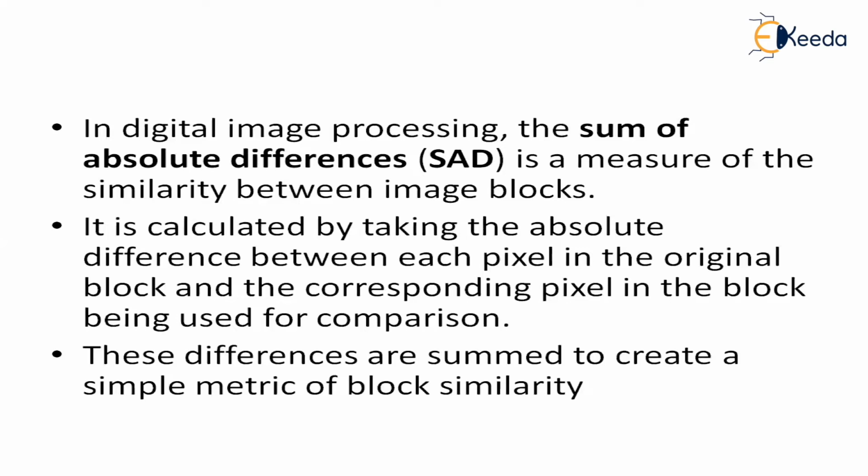If it is the first pixel, in the second frame also it will be the first pixel. Find the intensity difference between both pixels, and take the absolute difference between these two pixel values. These differences will be summed to create a simple metric of block similarity.